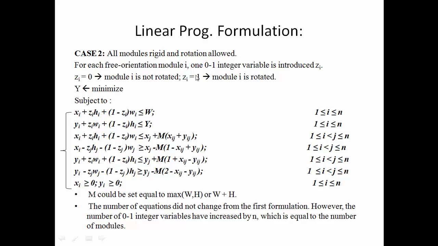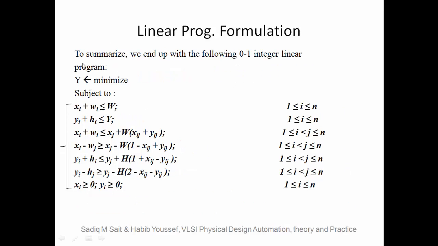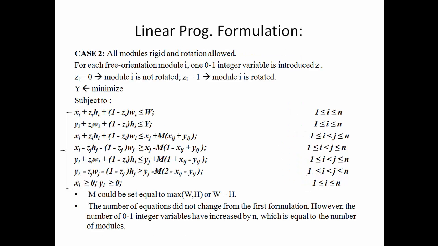If zi is 1, we say that the module i is rotated, that is, the width has become along the y-axis and the height has become along the x-axis. So the same set of equations can be modified in this manner by associating the variable zi with each module.